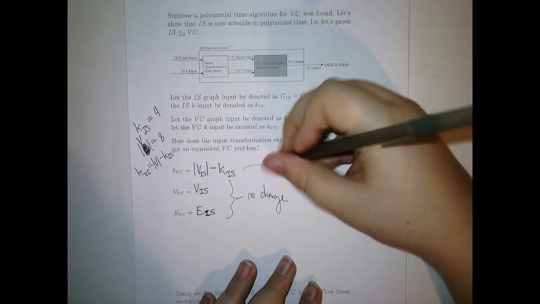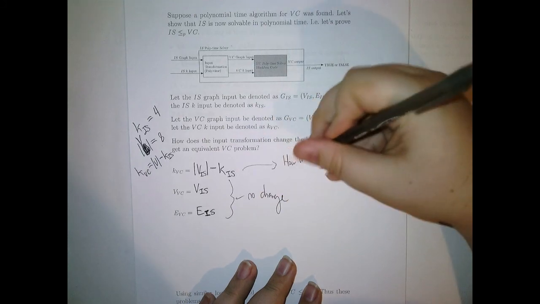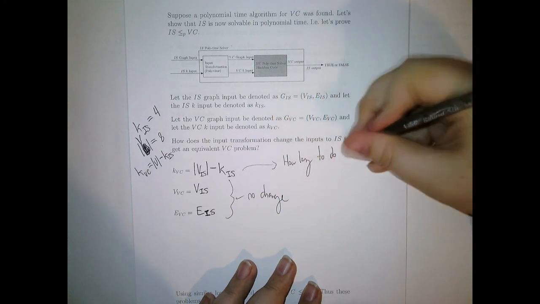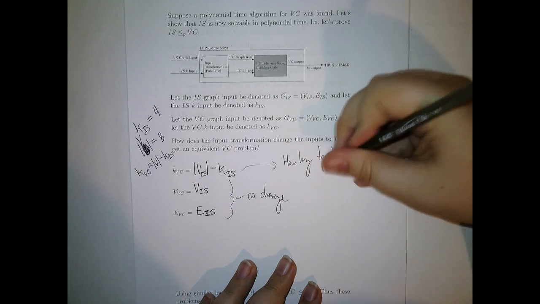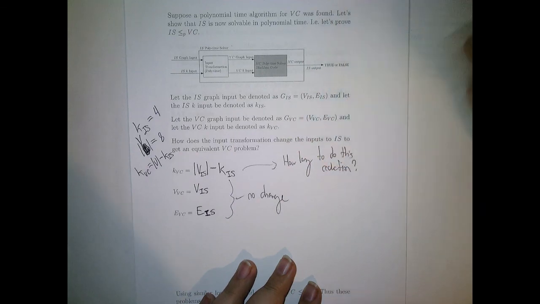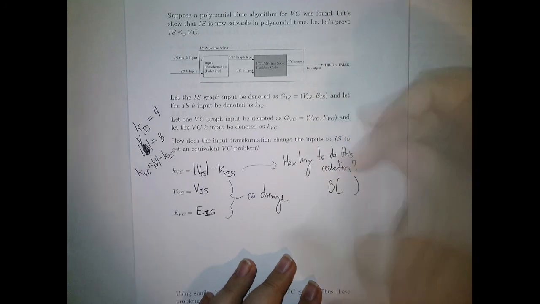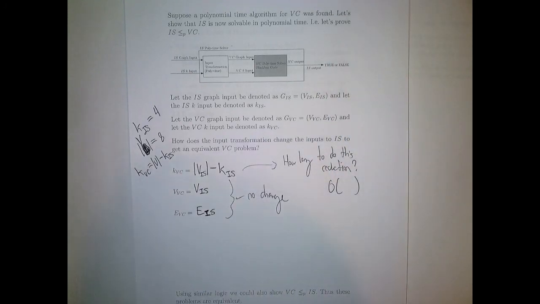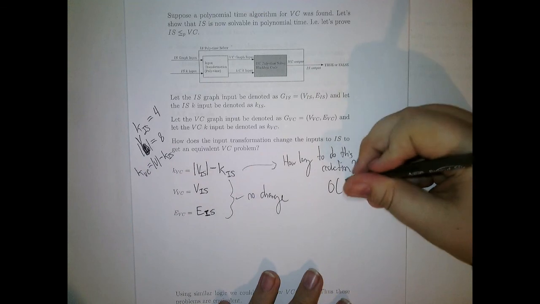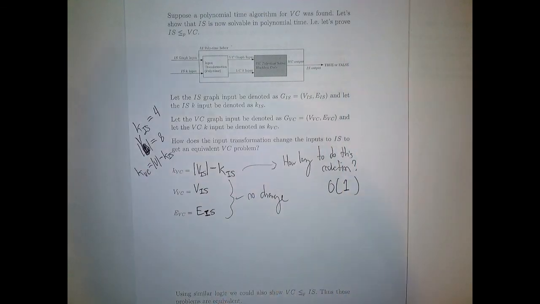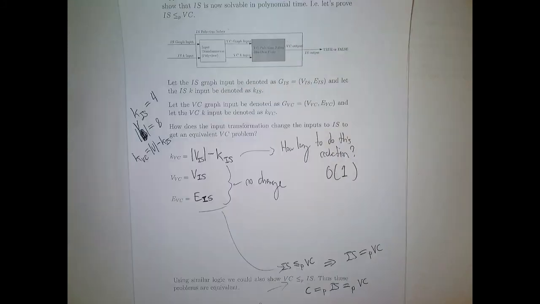And how long does this take? How long to do this reduction? Well, we're just doing a subtraction operation, and we treat those basic operations as constants. So this would be a constant time operation. More importantly, this is a polynomial time algorithm. So from that reduction, what we see is that independent set is polynomial time reducible to vertex cover.